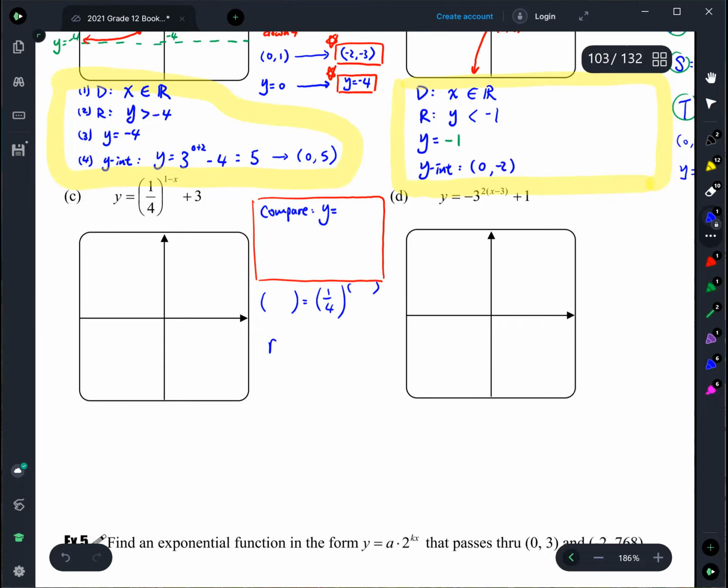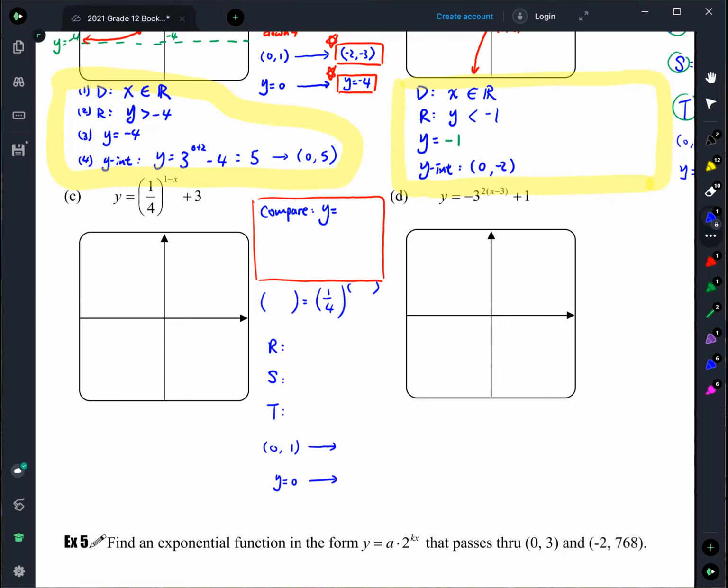Then write down the RST. And then we get a new point, and then we get a new asymptote. Right, so let's figure all these out first.